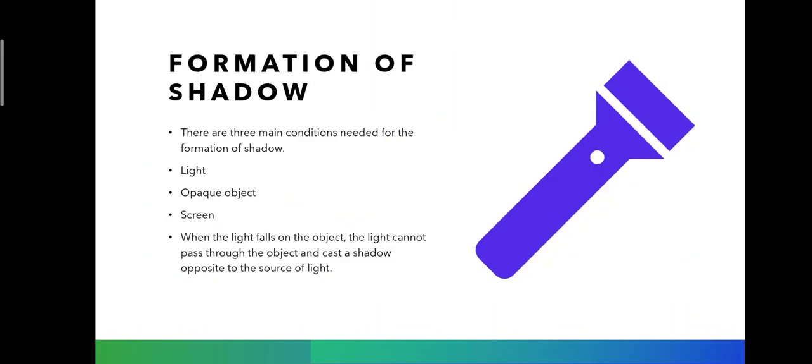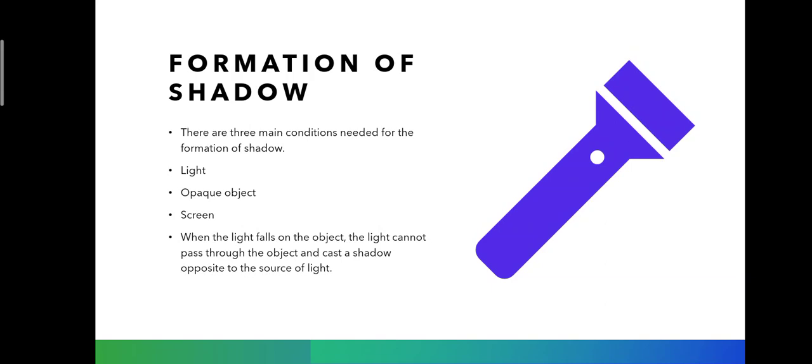Now, to form a shadow we need three main conditions. These are light, opaque object, and screen.